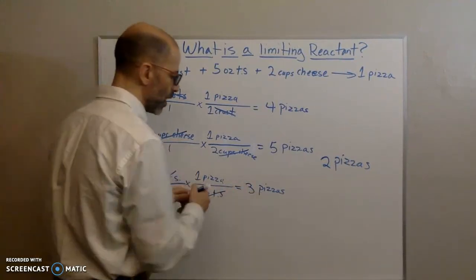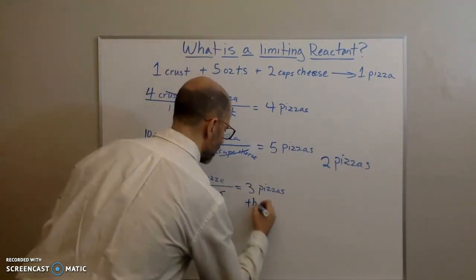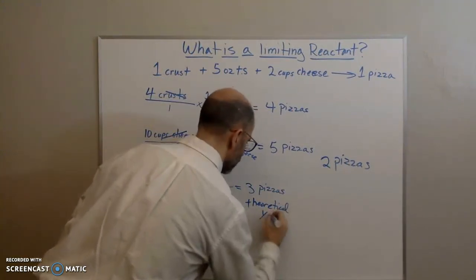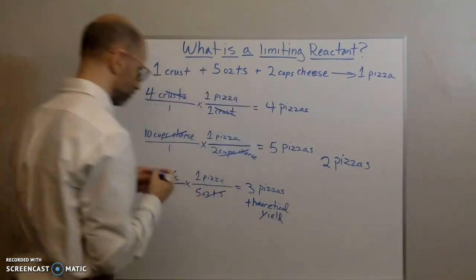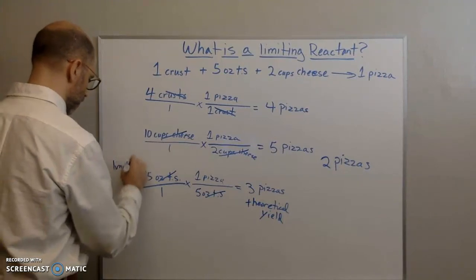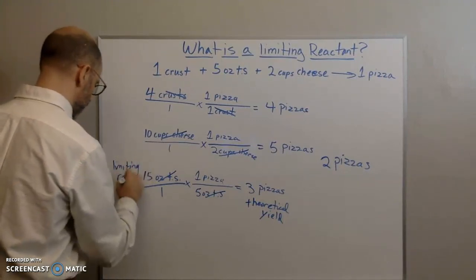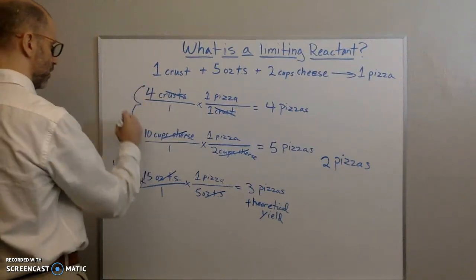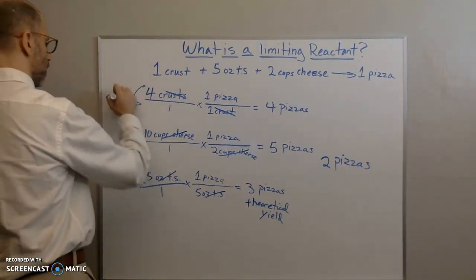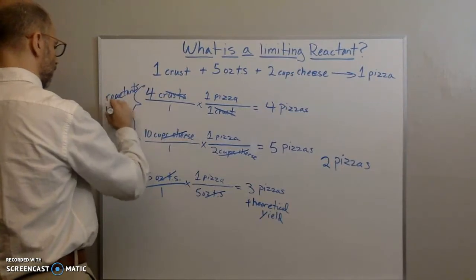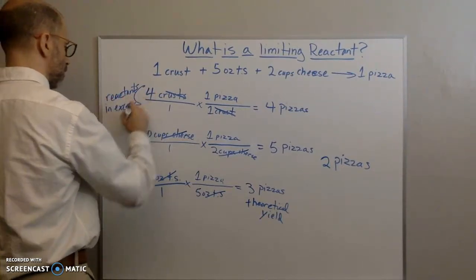So this would be my theoretical yield, and this is my limiting reagent, limiting reactant. And these would be my reactants in excess, right?